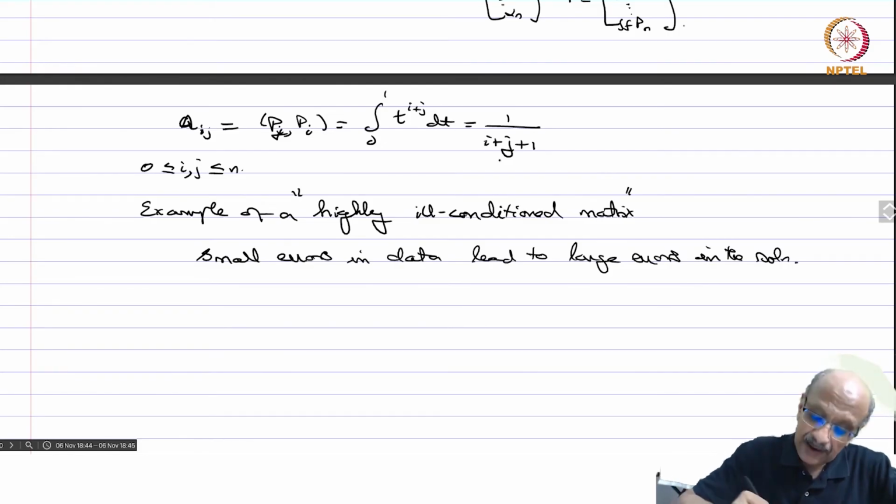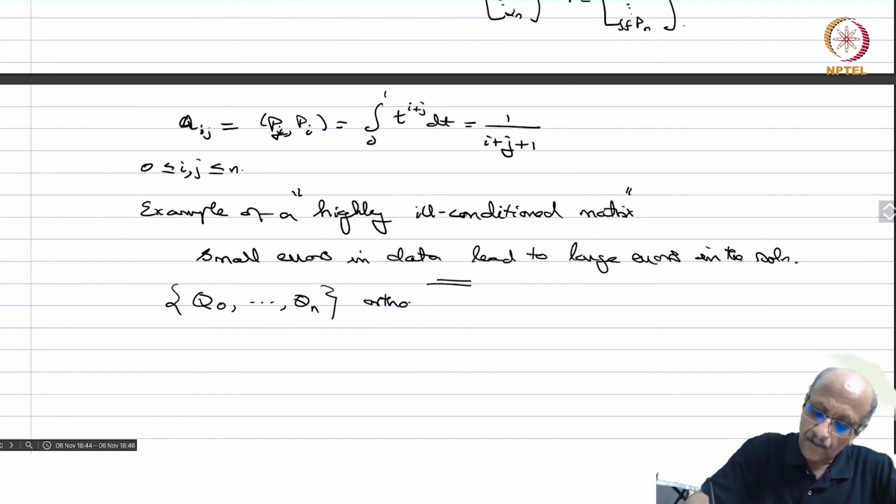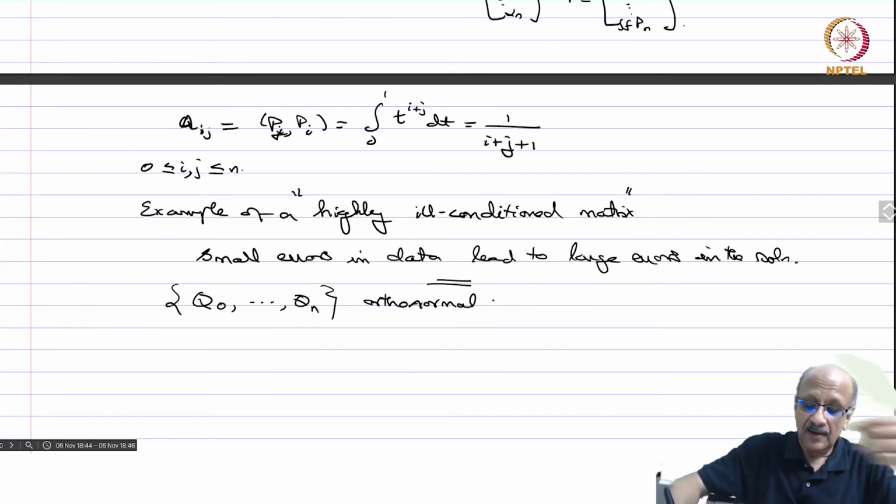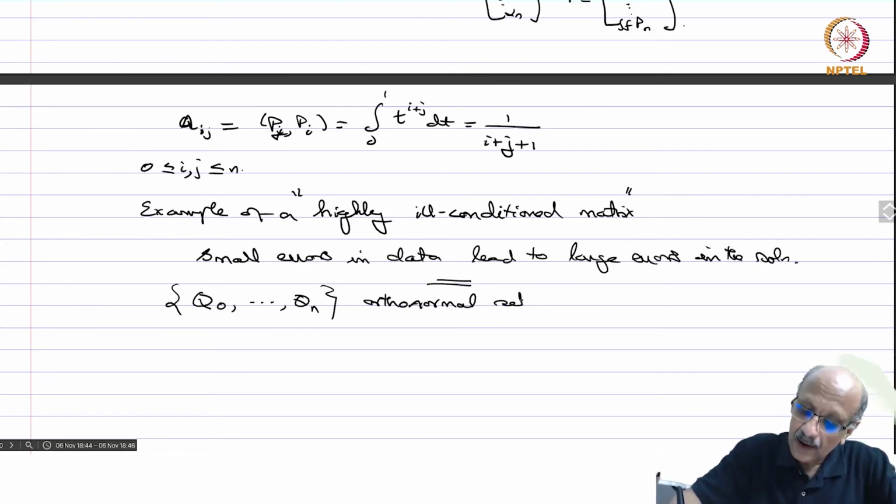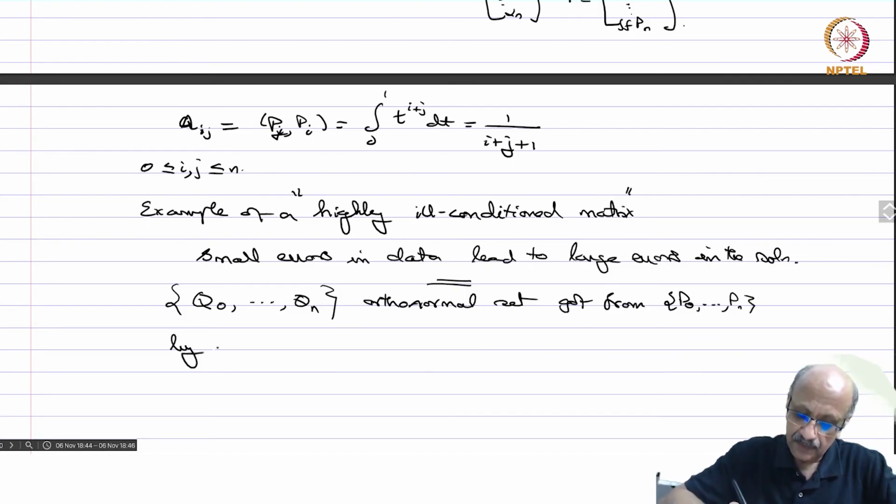So it is in this situation that the orthonormal basis helps. Suppose we do the Gram-Schmidt orthogonalization, and we get q0, q1, ..., qn, an orthonormal set obtained from p0, ..., pn by Gram-Schmidt.